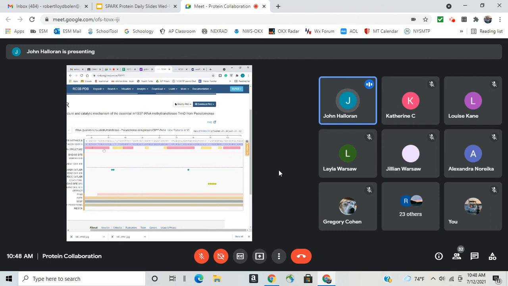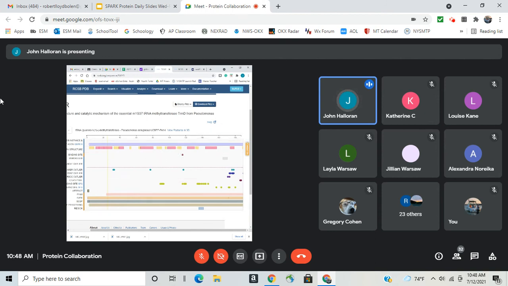And then over here, they start to give you some information about the actual structure. Sometimes they'll tell you where certain binding sites are. So if there's a ligand involved, they'll tell you where it actually binds. They usually give you this, this one doesn't. Again, it depends on the, oh, maybe it does. So this is the secondary structure.